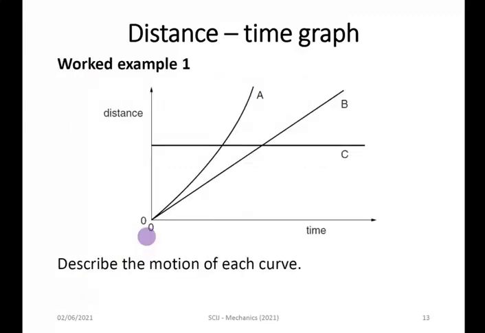So now let's have 2 examples. We have a motion graph here and we need to describe it. In fact, the same graph space is occupying the graph curves for 3 particles A, B, C. So particles A, B, C are traveling on a straight line and their motion graphs are shown on this graph.